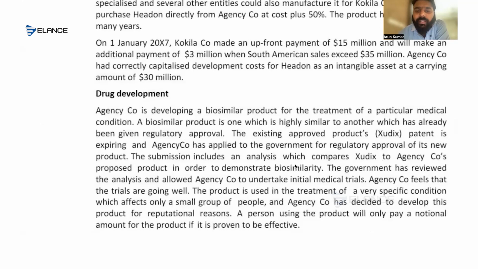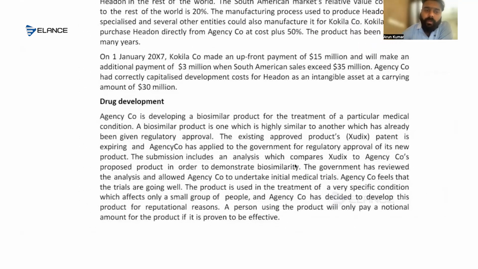The biosimilar product is one which is highly similar to another which already has regulatory approval. The existing approved product's patent is expiring, and the agency has applied to the government for regulatory approval for the new product. The submission includes an analysis which compares it to the agency's proposed product in order to demonstrate their biosimilarity.